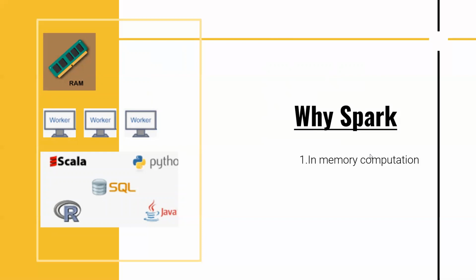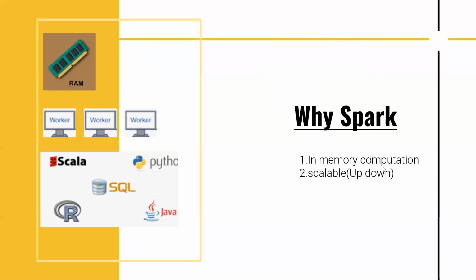As we have many data nodes running in parallel, and those data nodes have RAM which may be 40 or 60 GB depending on the configuration, most of the data computation is done inside the RAM. So disk IO is reduced, so computation is obviously faster.